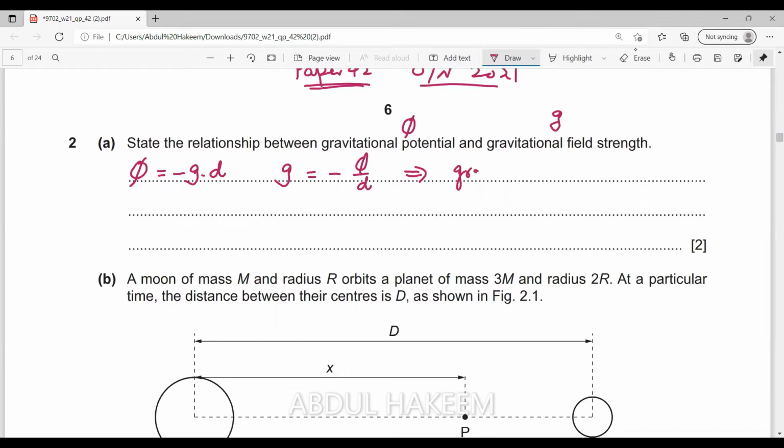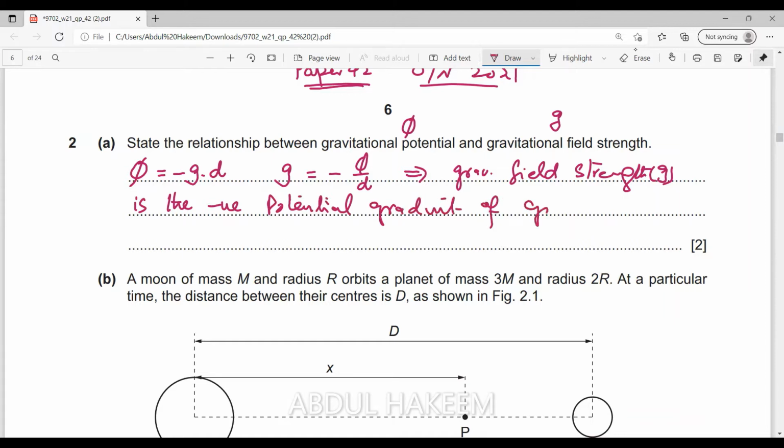So gravitational field strength, small g, is the negative potential gradient of the gravitational potential against distance graph.